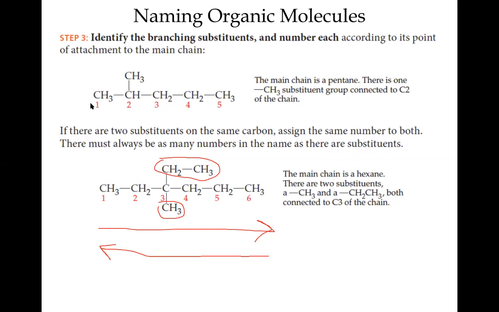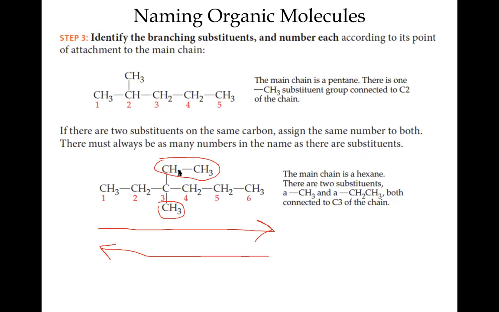And now we have two things, right? Like I said, we have a methyl and an ethyl. And so we're going to use the number of the carbon that those branches are coming off of to label them. Now, you also need to write these alphabetically. So how do we know?